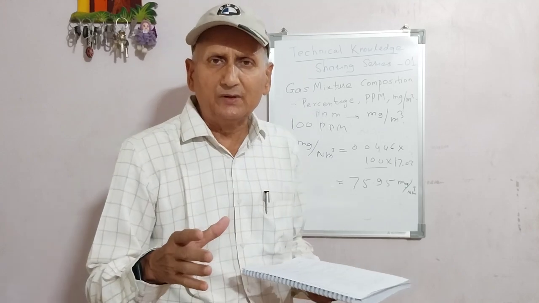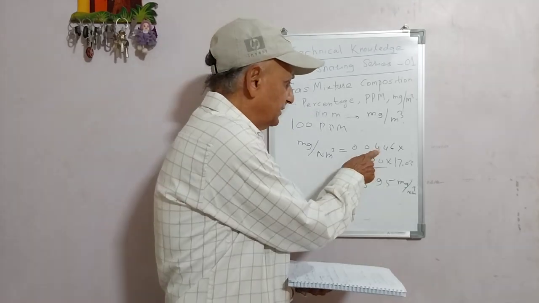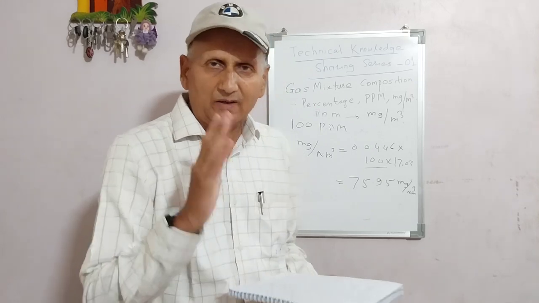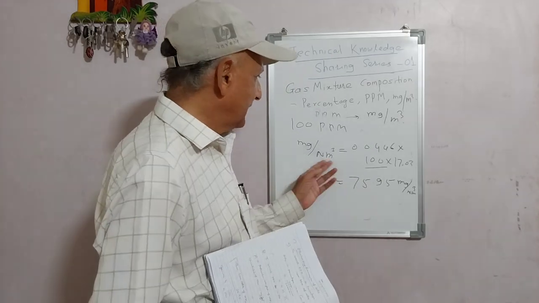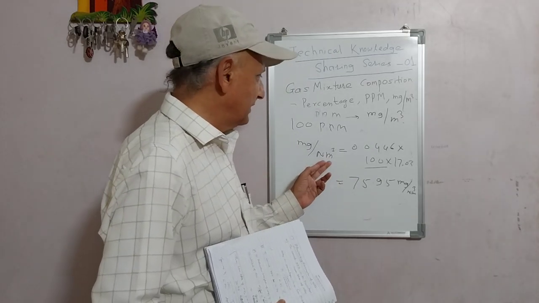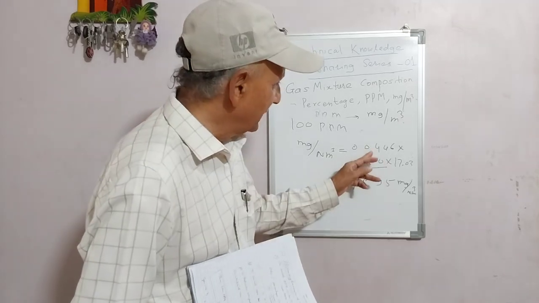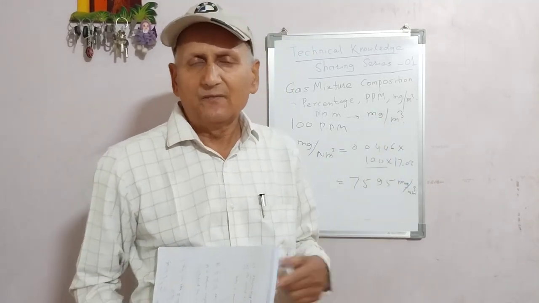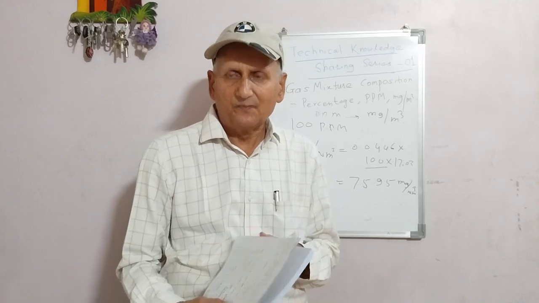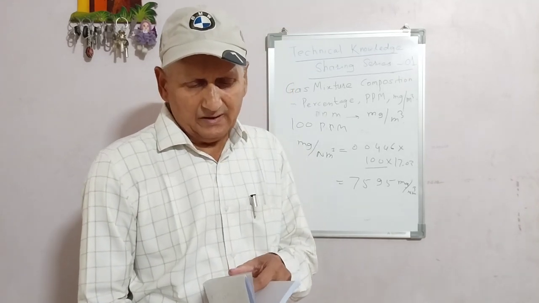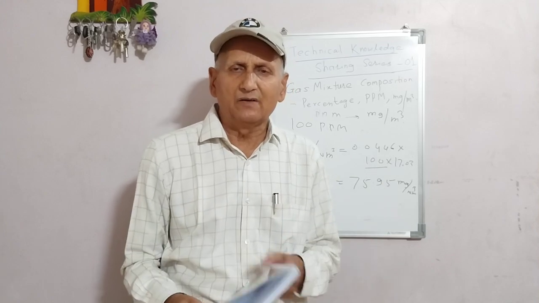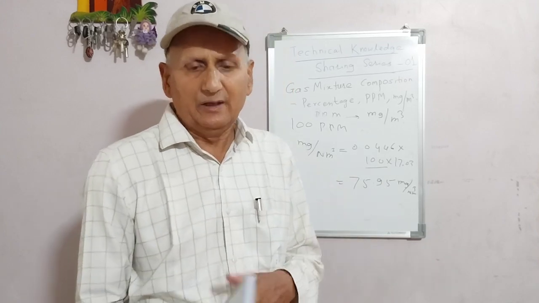So you may get confused whether to consider this factor or 0.0409. But I have stated that if you want milligram per nm cube, then this factor is to be considered, because it has come from Avogadro's law, the gas law, that any gas you take, 1 mole will occupy the same volume at one condition, that is NTP condition.